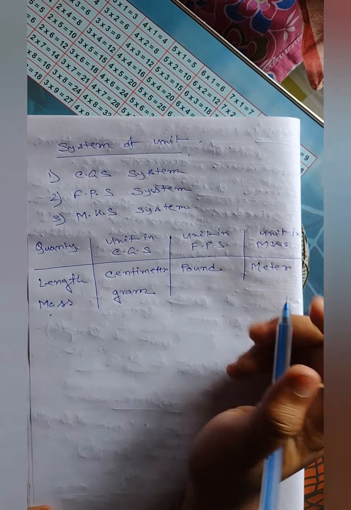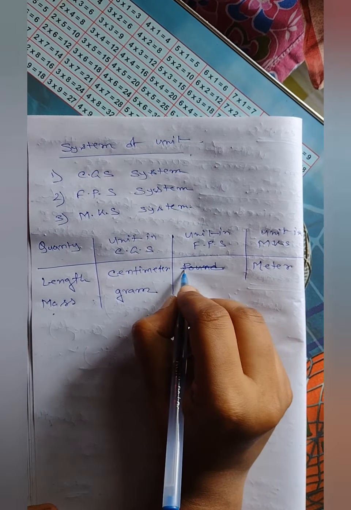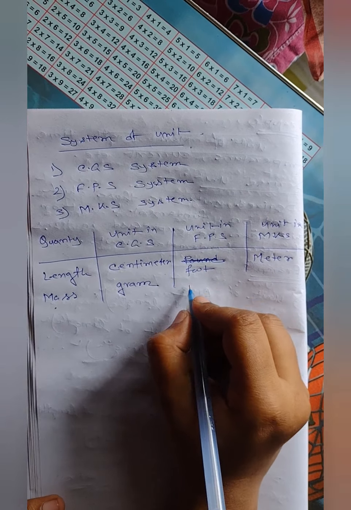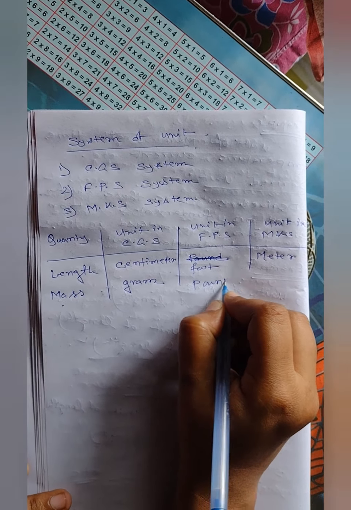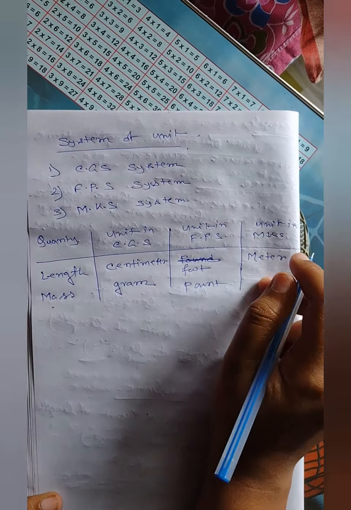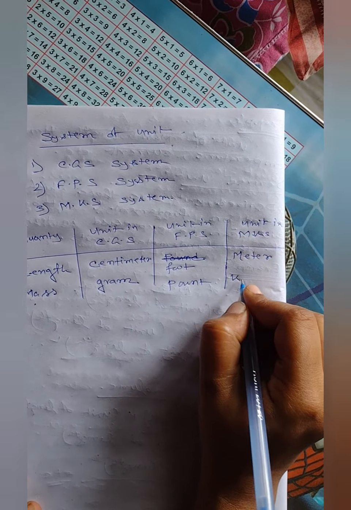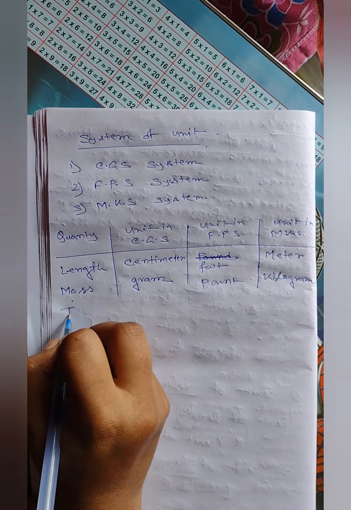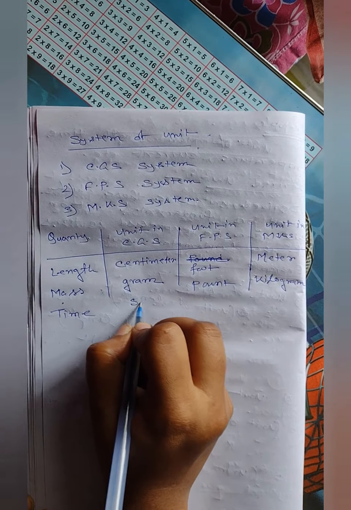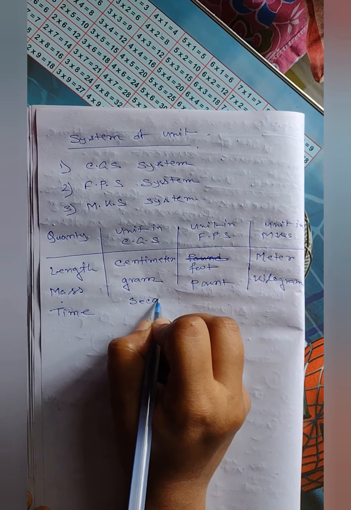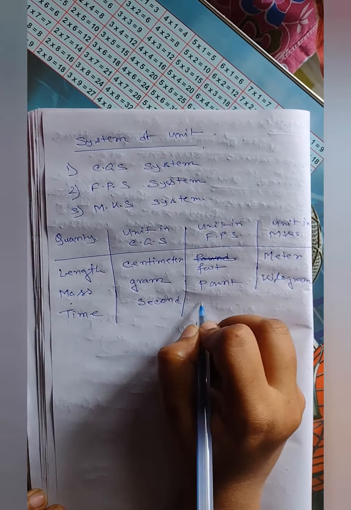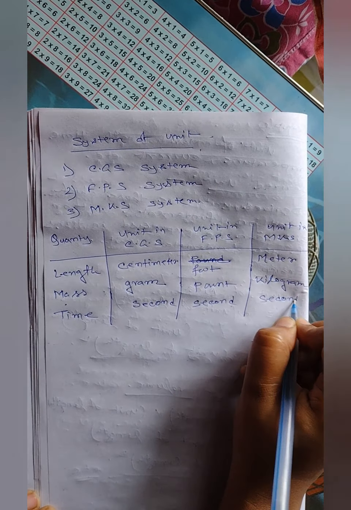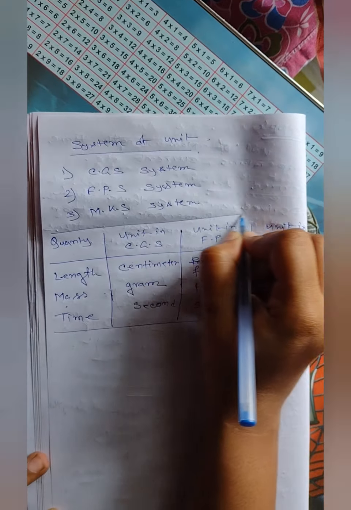For FPS, pound. And for MKS, kilogram. And for time, second.